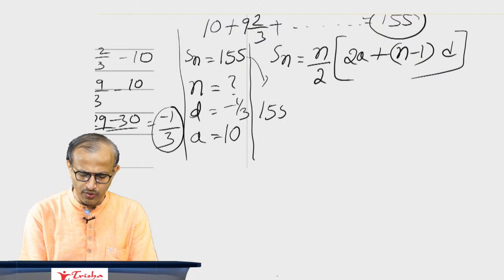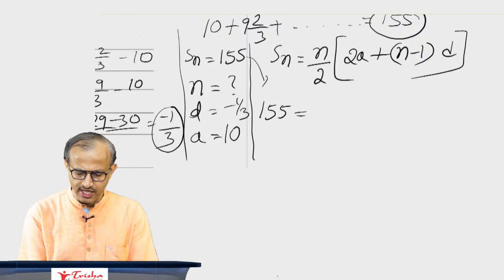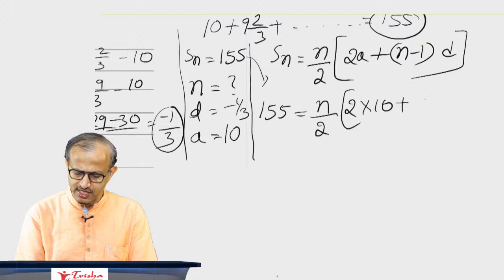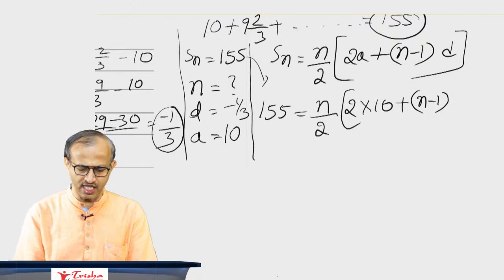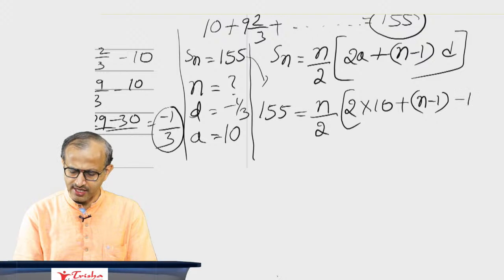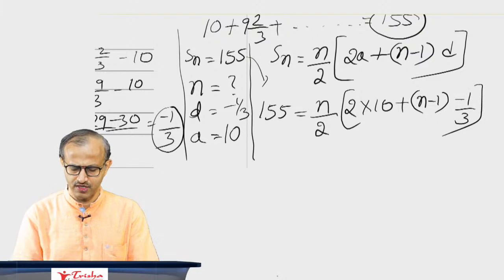n we don't know, we are finding out. 155 equals n by 2 into 2 times the a value 10 plus n minus 1, where n again I don't know, into the common difference d equal to minus 1/3.